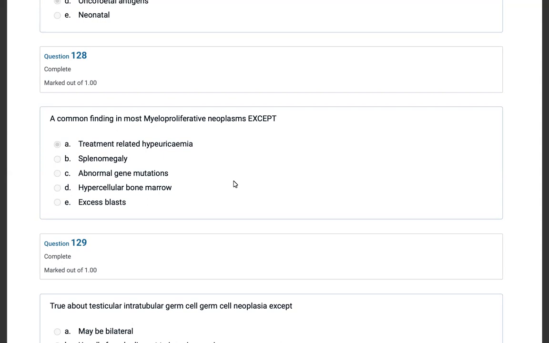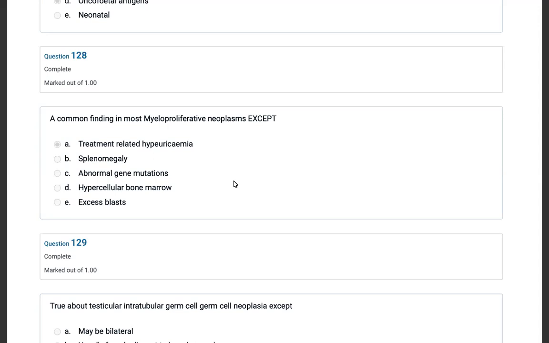Since CML is chronic leukemia and part of the myeloproliferative neoplasms, it's not characterized by excess blasts. Rather, it's characterized by lower than 10% blasts within your bone marrow. So E is not going to be correct. It's the opposite.